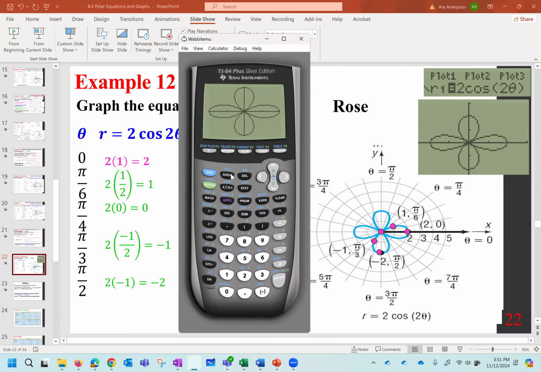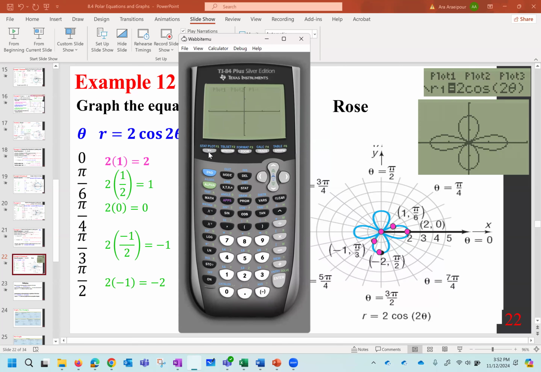Let's actually clear this, and I'm going to change the mode to function. And I'm going to clear this. Second mode, I'm going to go back to the mode, put that in polar. I want to make sure that it shows you what we have. Let me clear that first. So it's going to graph it.